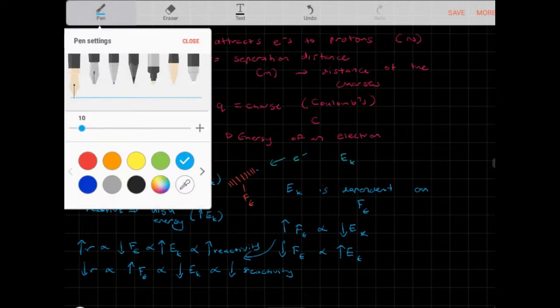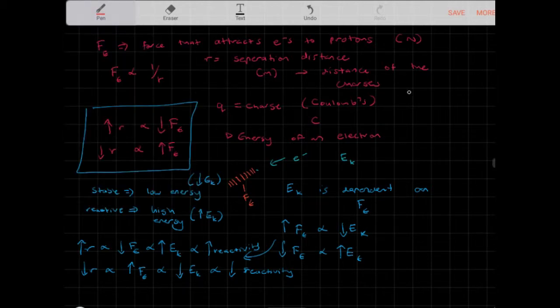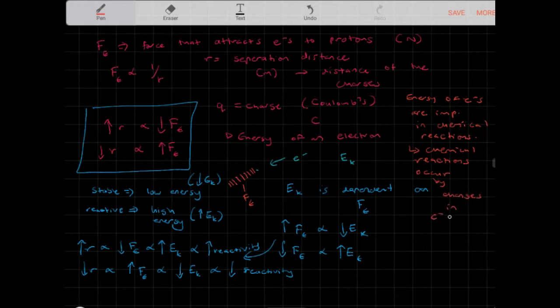And the reason we're looking at the energy of electrons is because the energy of electrons is important in chemical reactions, and chemical reactions occur by changes in electrons, right?